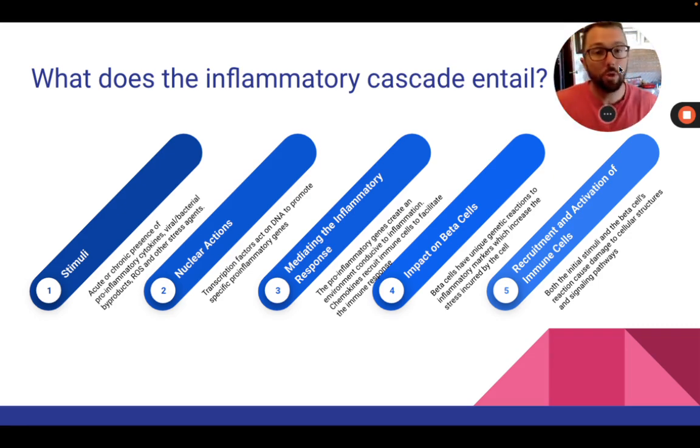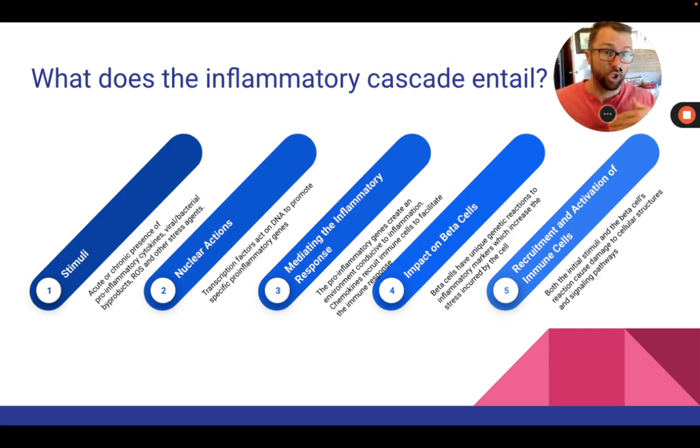They recruit immune cells to facilitate the immune response, right? They're letting them know where the problem is and what the problem is. How this impacts beta cells, right? Beta cells have a unique genetic reaction to some of these inflammatory markers. Some are disproportionately targeting beta cells.